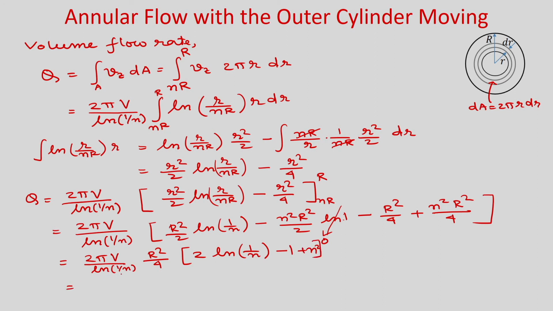So, finally, you can write pi v r square divided by 2 into, if you take this denominator inside the bracket, then it will be 2 plus n square minus 1 divided by ln 1 by n. Now, we will discuss two special cases where n tends to 0 and n tends to 1.